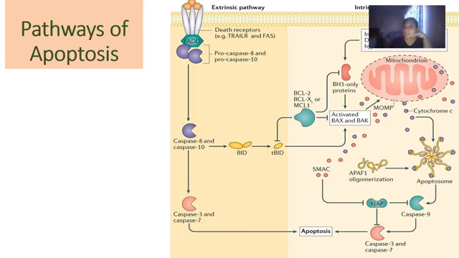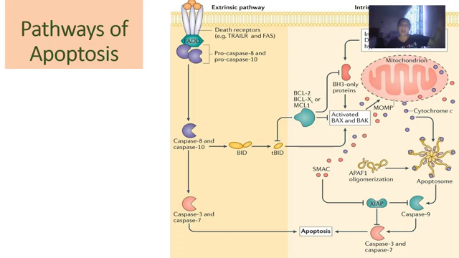In an intrinsic response, on the other hand, it goes directly into the mitochondrial response. So it starts off by activating proteins like BAX and BAK that cause cytochrome C release. That cytochrome C release is then part of the structure that is made in combination with cytochrome C and caspase 9 to create what we call an apoptosome that activates caspase 9, and then caspase 9 activates caspase 3 and leads to apoptosis.